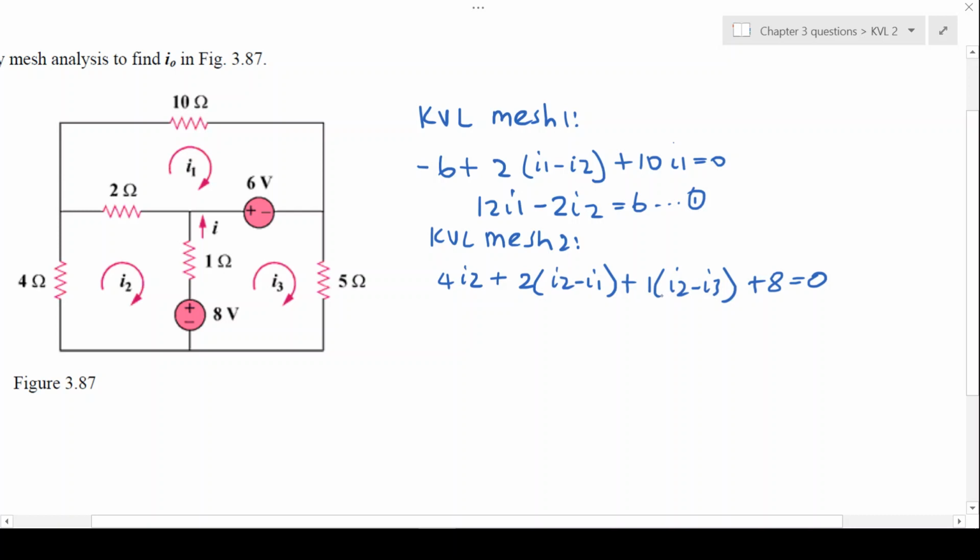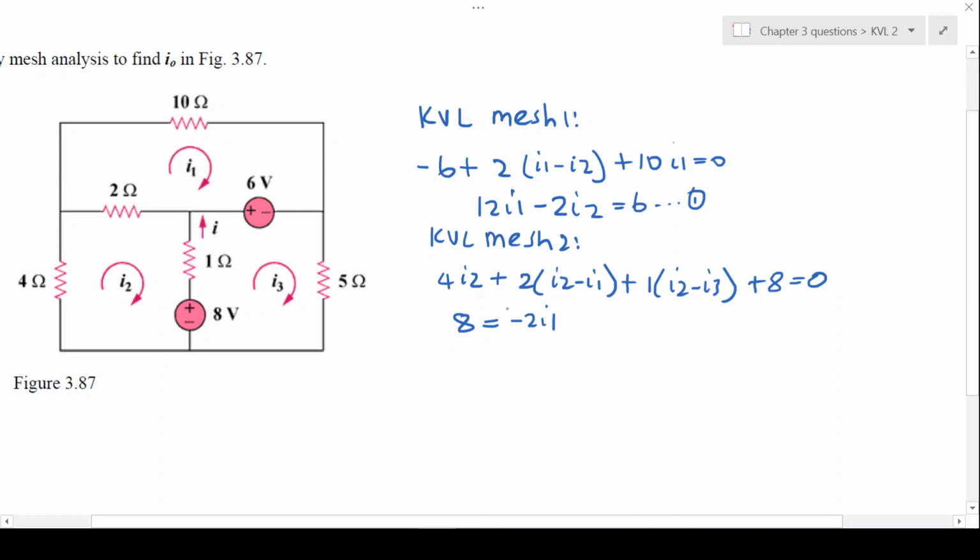Right, so if we simplify this, we can say 8 is equal to, then we move everything else to the other side. For I1 we'll only have one value, which is minus 2 I1.